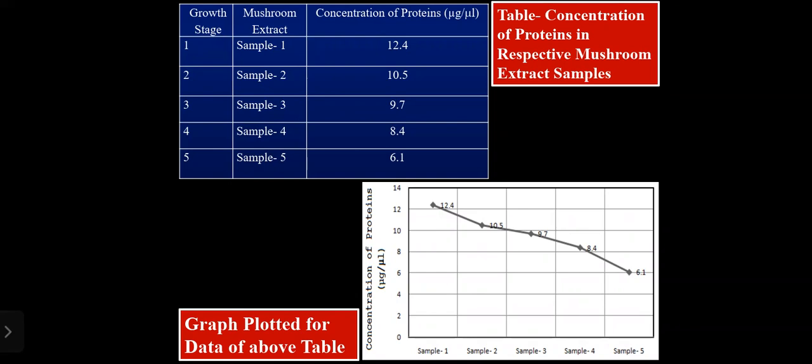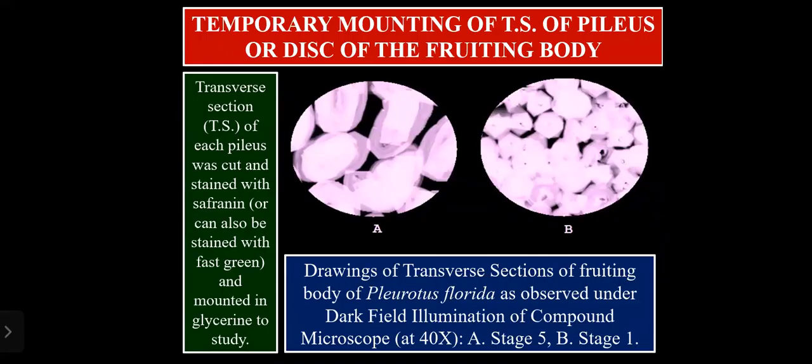Total protein contents at individual stage, when plotted together, show a decreasing trend per unit volume with respect to the growth stages. Further, transverse sections of the pileus at stage 1 and stage 4 revealed development of large water-filled intercellular spaces with less cell density or number per unit volume in stage 4 with respect to stage 1.